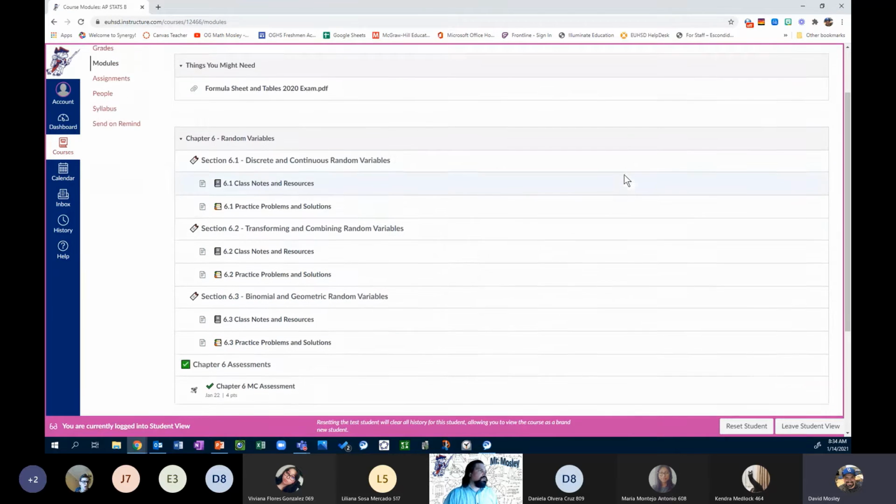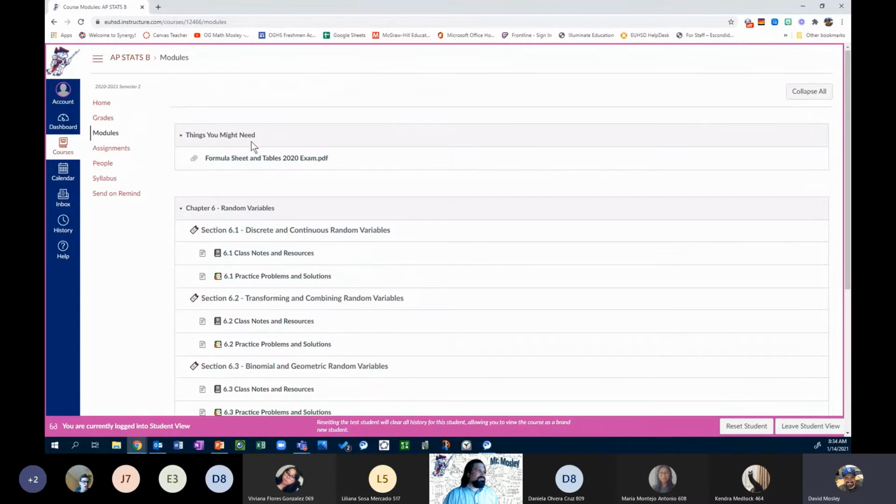First thing here, at the very top of the modules, and you saw it on the previous page as well, we have the formula sheet and tables. This contains the formulas that will be provided to you when you take the AP exam, and also table A. So this will be useful.